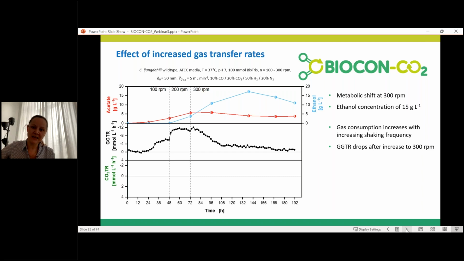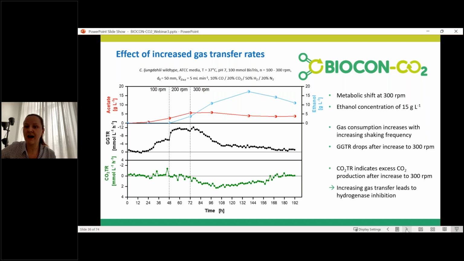Another interesting point is if we look at the carbon dioxide transfer rate, since this is our target in this project as well. What we see here is that for the shaking frequency of 100 and 200 RPM, we see no excess carbon dioxide consumption. Why do I say excess carbon dioxide consumption? When we would solely consume carbon monoxide in this system, we would see carbon dioxide production, as I explained before.